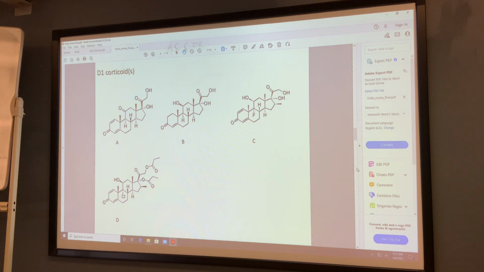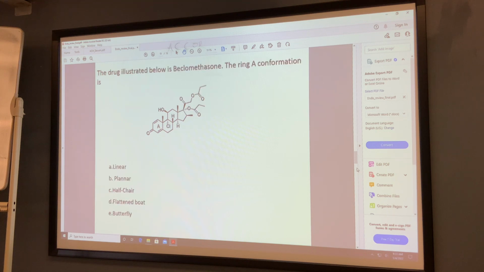A, C, D, yeah, not B. D is not a D1 particle.